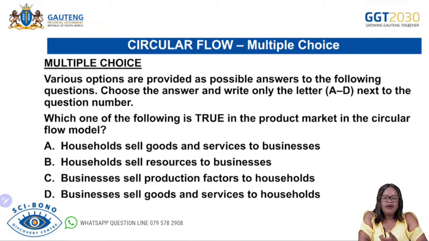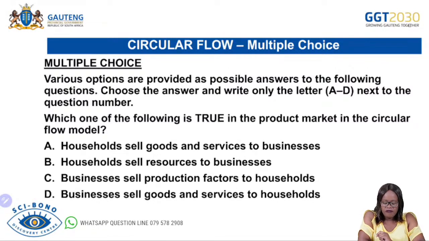With multiple choice questions, various options will be given to you as possible answers. Therefore, you need to select only one answer. Usually they come in the form of letters from A until D. You have to pick only one letter that is going to be the correct answer.